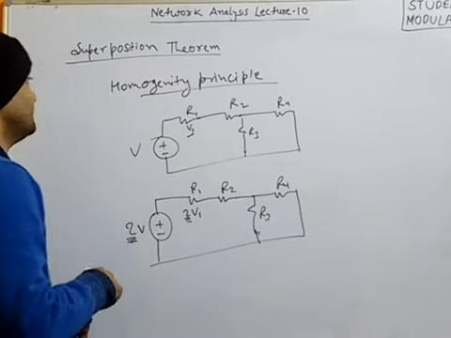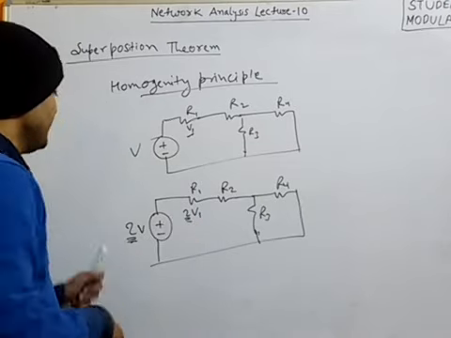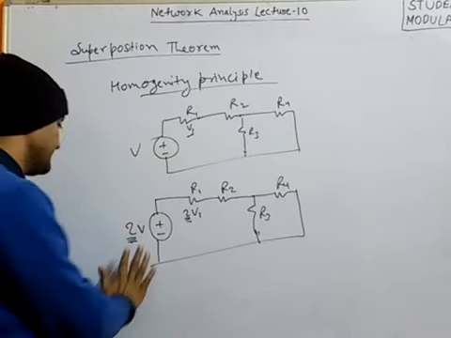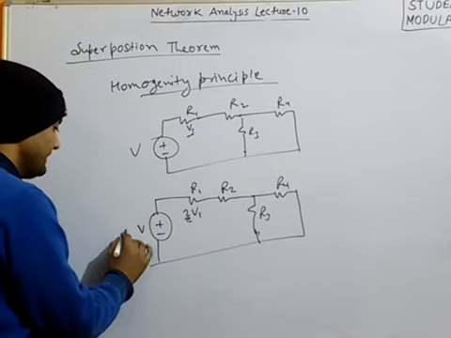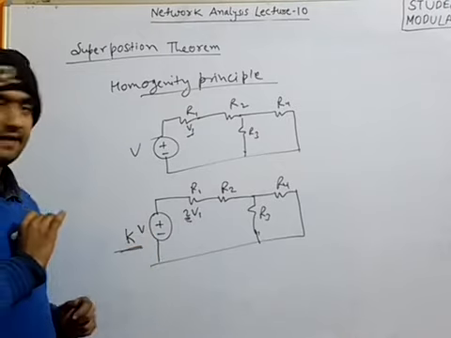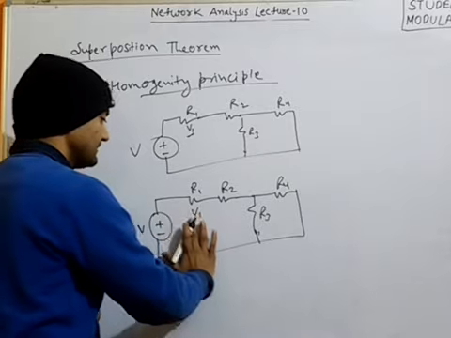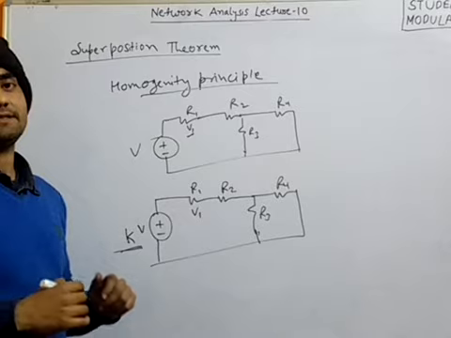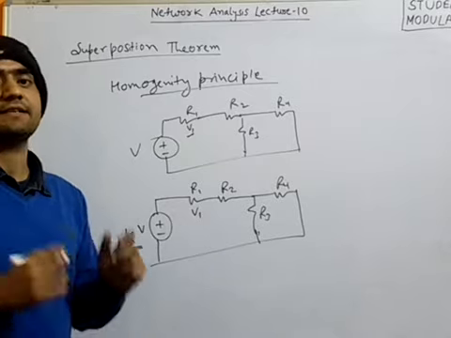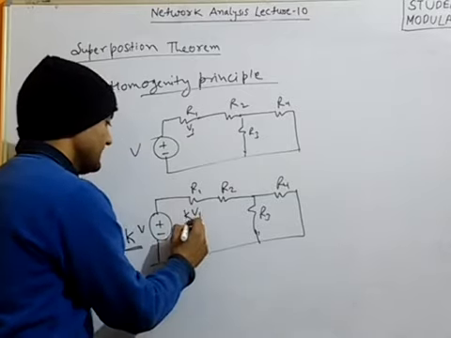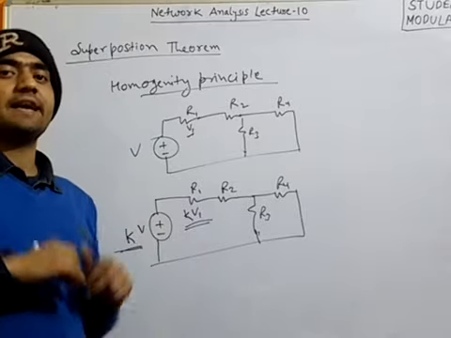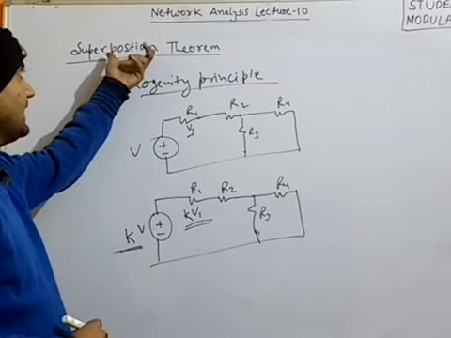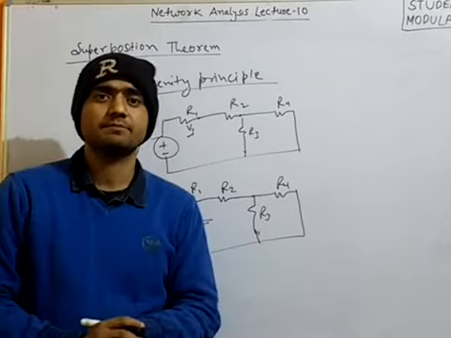So that is the homogeneity principle, that if any voltage source or any excitation is scaled up by any scaling factor k, then all the elements see the same scaling factor in their response, means their responses will also be scaled up with the same scaling factor. So this is the homogeneity principle, and this can be derived from the superposition theorem.